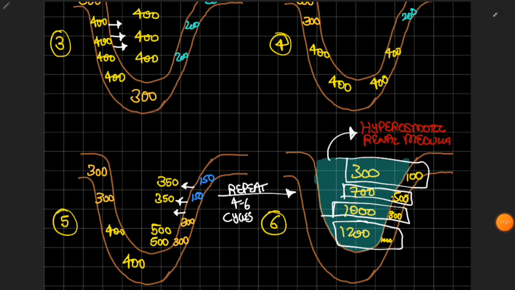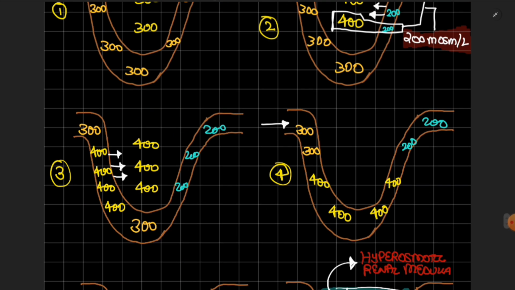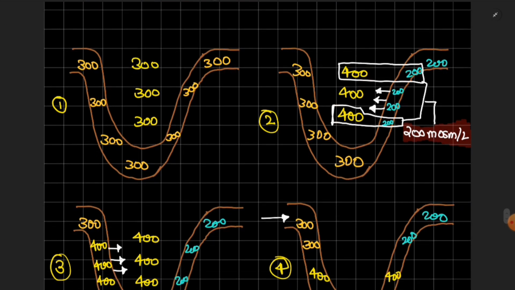Now tell me one thing, what we have done: we have decreased the concentration of urine. Now if I want to increase the concentration, there are two ways. The first way is that we reabsorb fewer solutes, as in the second figure we discussed, or we lose less water, as in the third figure.